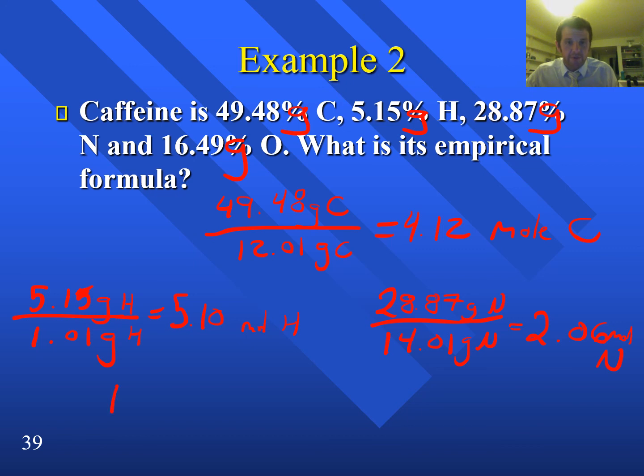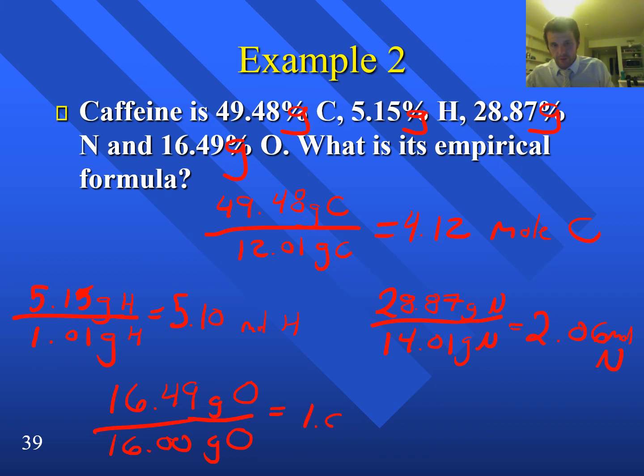And the last one, 16.49 divided by, and then on the periodic table it's telling me 16 grams of oxygen. 16.49 divided by 16 is 1.03 moles of oxygen.